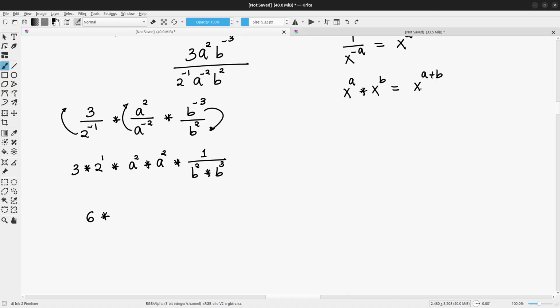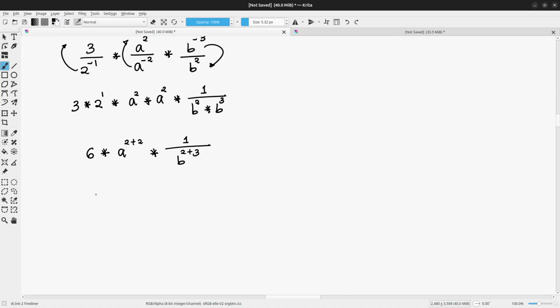In our case, the base is a and then we add the powers, so 2 plus 2. And then times 1 over, again the bases are the same, so we add the powers of b here, 2 plus 3.